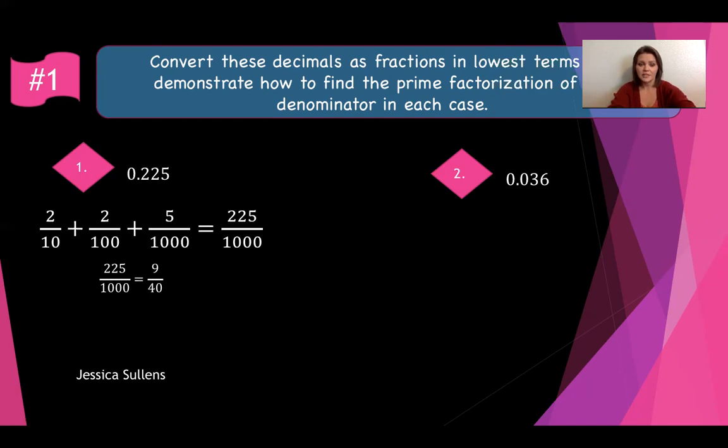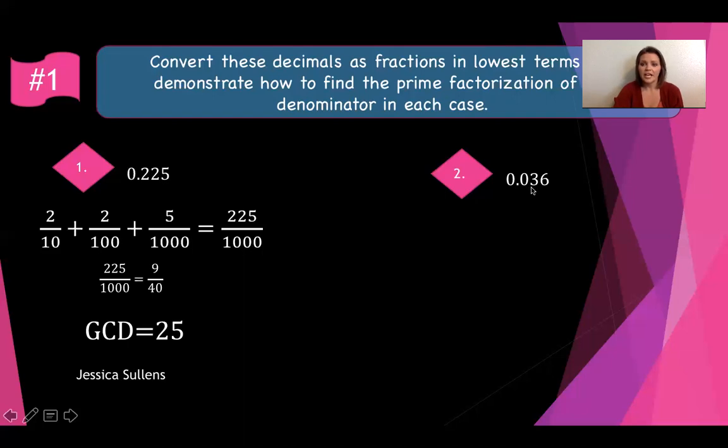Since we used 25, that's our greatest common divisor. If you want to check your work, all you have to do is divide 9 by 40, and that gives you 0.225. That's the best way to make sure you have the right fraction.